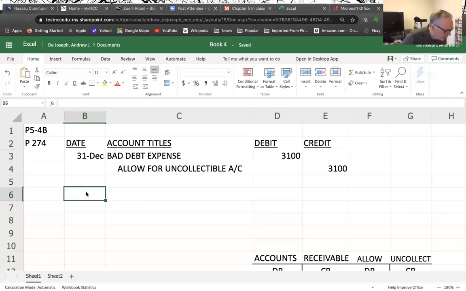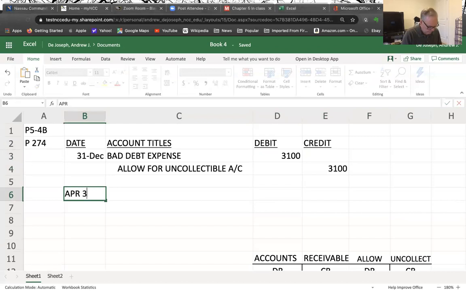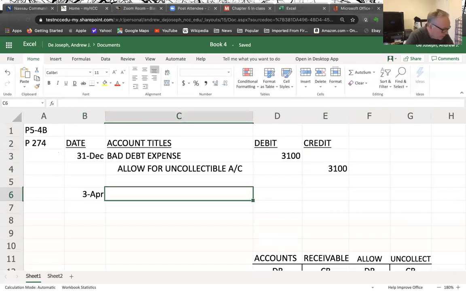Okay, now, next, number 3. On April 3rd, a customer's account balance of 500 is written off as uncollectible. Record the write-off. All right, go ahead, try it. It's not bad debt expense.